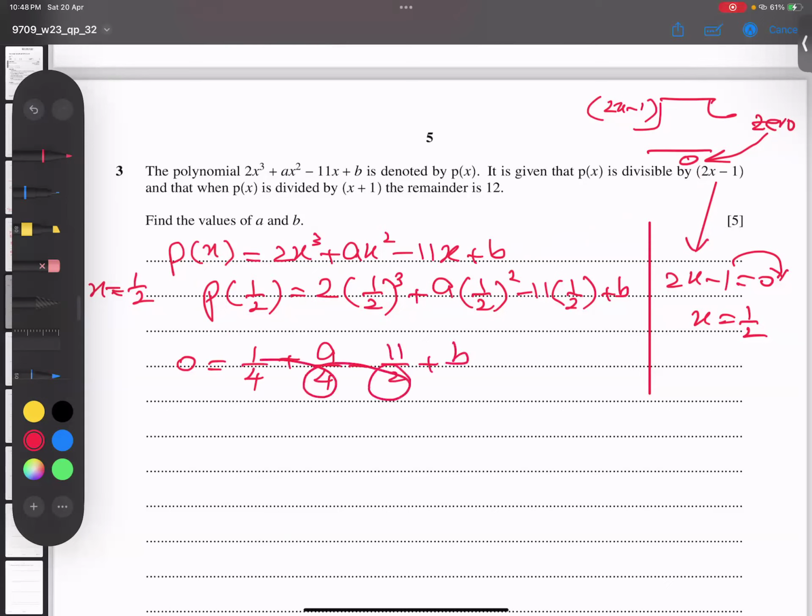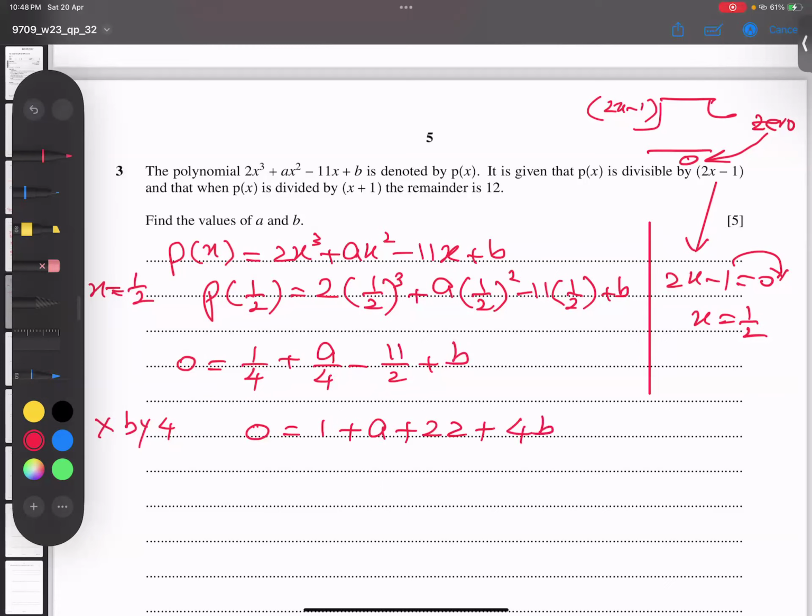I can see that the LCM for 2 and 4 is 4. So why not multiply the whole equation by 4? So 4 cancels out. I get a 1. Here 2 fours are 2 to the 4 and 22. I got 22 and 4 into b, 4b.